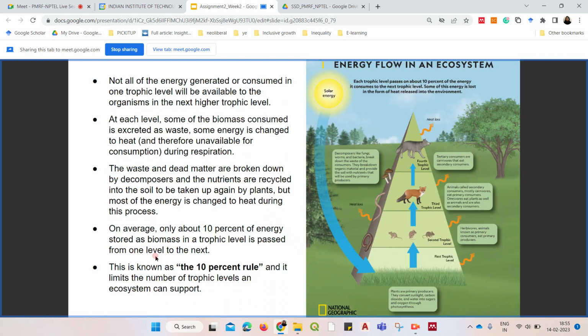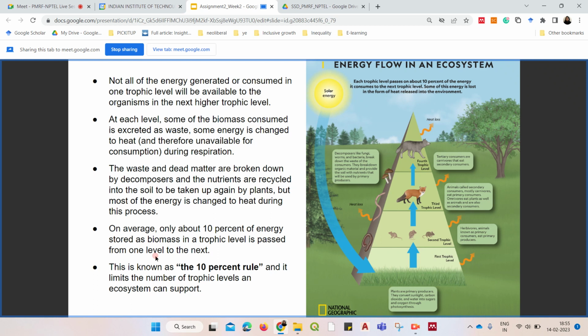Although energy is transferred from one trophic level to another, not all of the energy in one trophic level is transferred to the next higher trophic level. At each trophic level, some biomass is consumed and excreted as waste, so it is not transferred to the next trophic level.